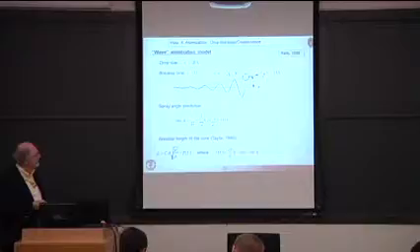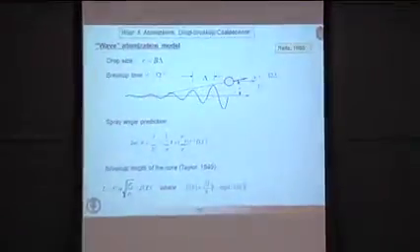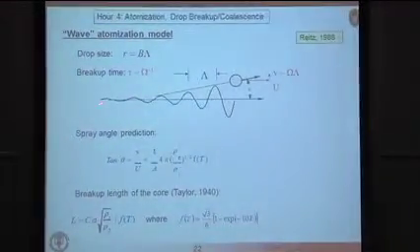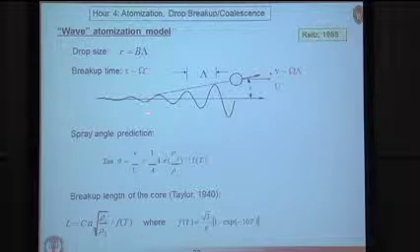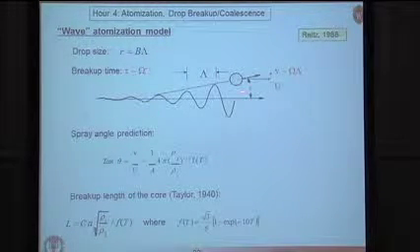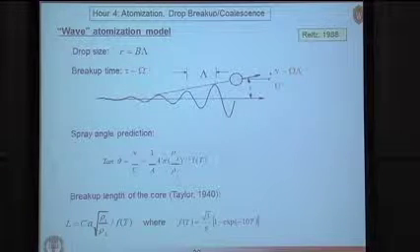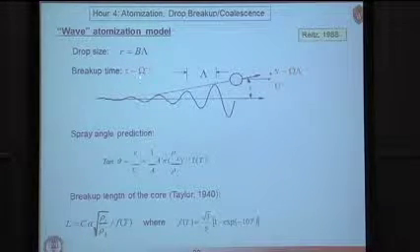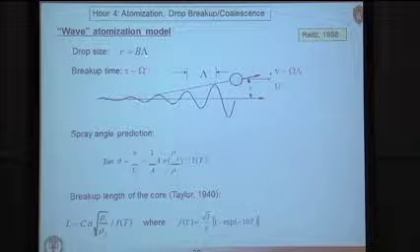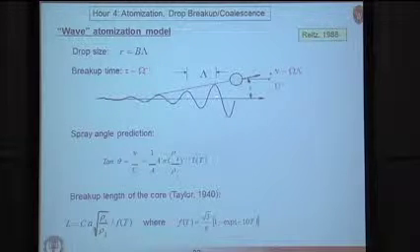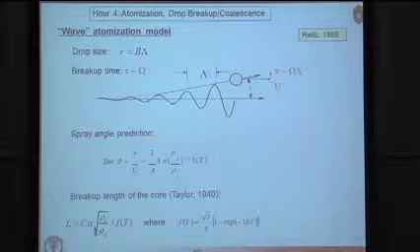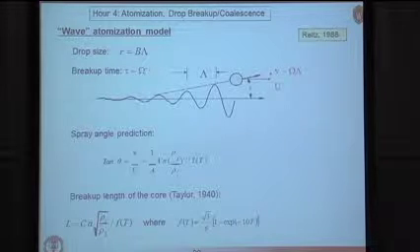Okay, so now we have that theory. How are we going to actually apply it in a spray model? So we have these waves growing on the surface of a jet. We know their wavelength, and we know their growth rate, or breakup time, we're going to say, is somehow related to that growth rate. The size of the drops, we're going to assume, is somehow related to the wavelength. So there's going to be some constants in this model, all right? It turns out that this constant here, which relates the drop size to the wavelength, doesn't really affect results too much.